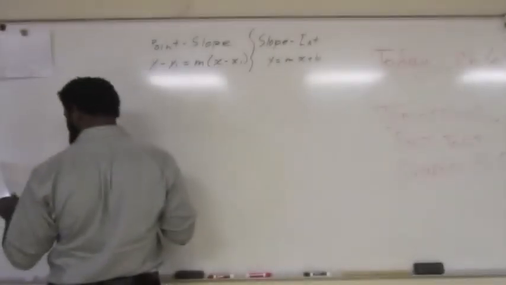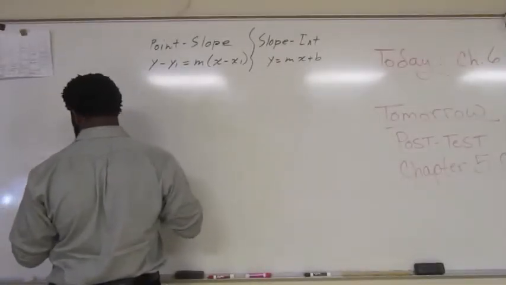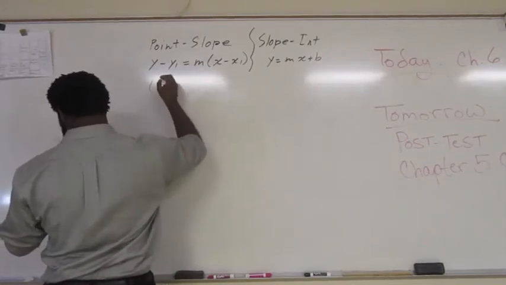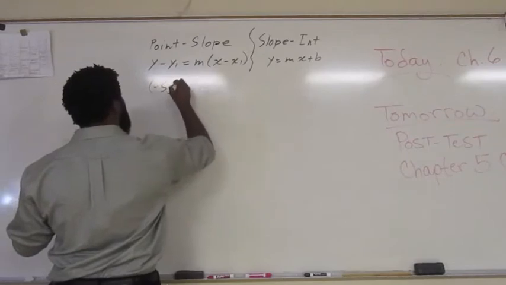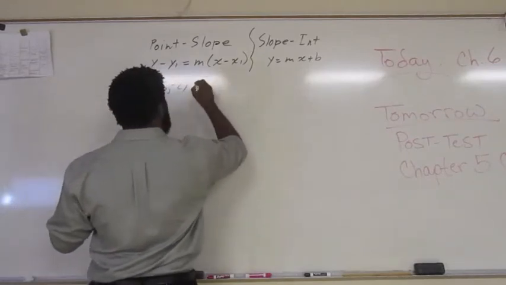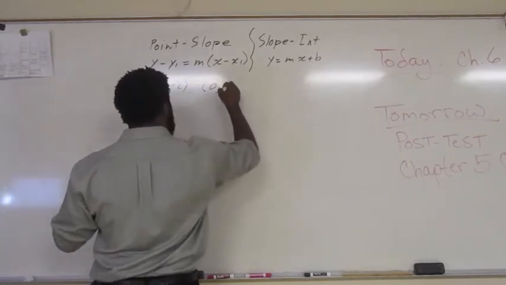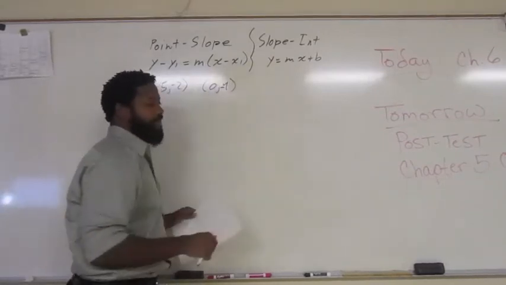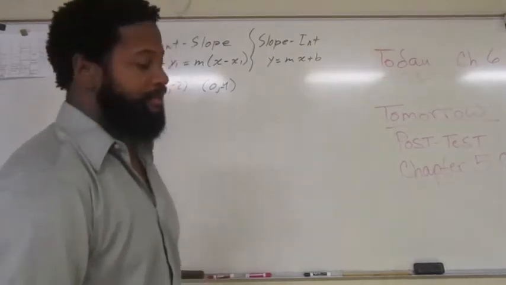Let me do number 13. That seems to be easy enough. So you have 2 points, (-5, -2) and (0, -4). Okay?